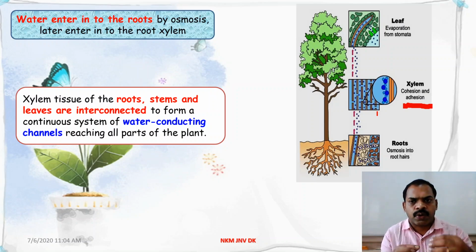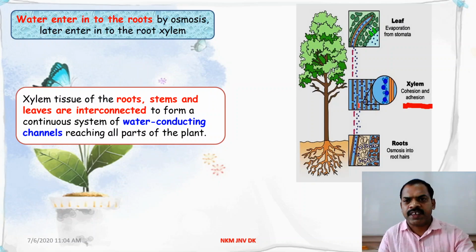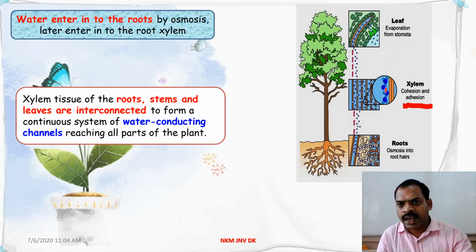One water molecule is connected with neighboring water molecules through cohesion. The hydrogen has a slight positive charge and the oxygen has a slight negative charge of neighboring molecules, so water molecules are connected to each other. That is called the cohesive force, through hydrogen bonding, as we know.